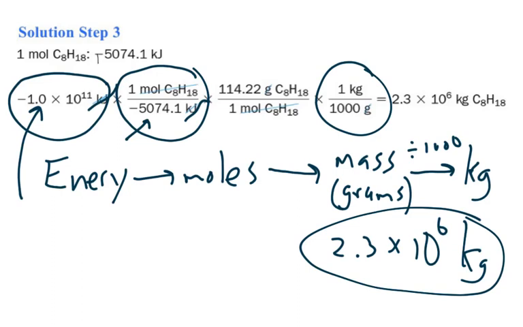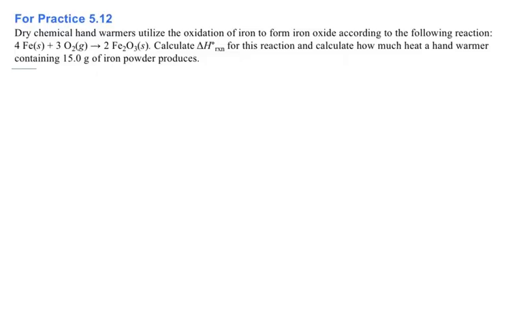We're going to do one together now that's going to be similar, where we're going to find first the delta H for the reaction, and then we'll do a thermochemical equation. Okay, so let's conclude with this problem here. If you look at the equation, the only thing we're really missing here, iron, the delta H is 0, it's an element.